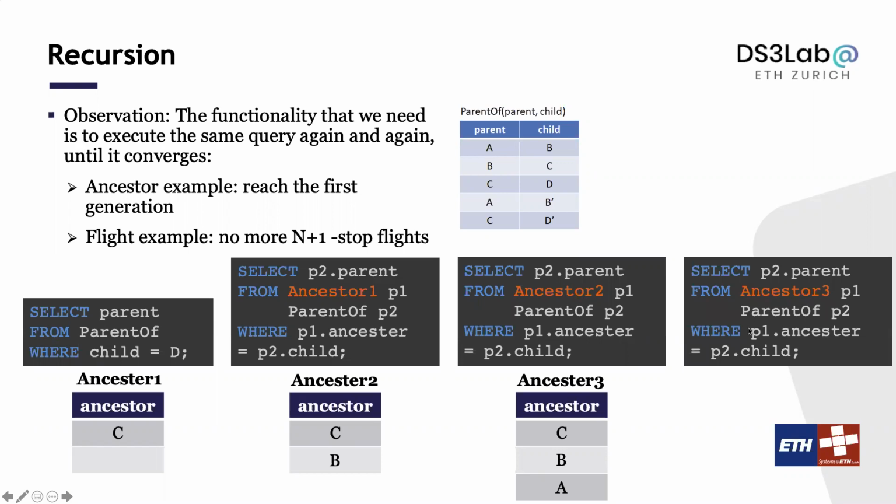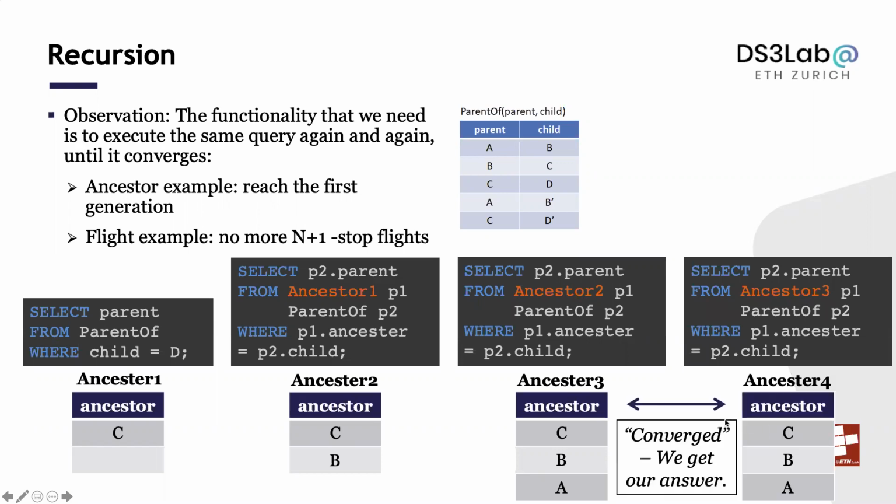What I actually want to do is to keep doing this until my result does not change, right? Whenever I converge on something, that is my answer. So this is a functionality that we hope to provide. We want the system to be able to run the same query again and again until it converges.